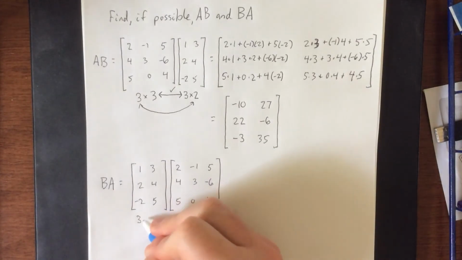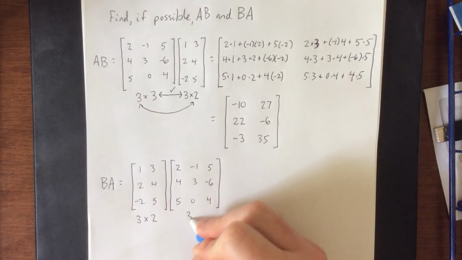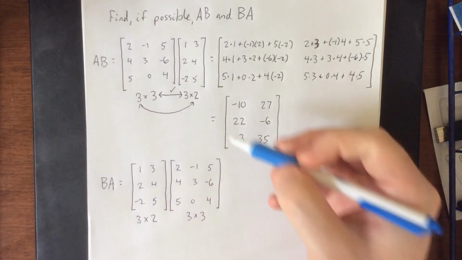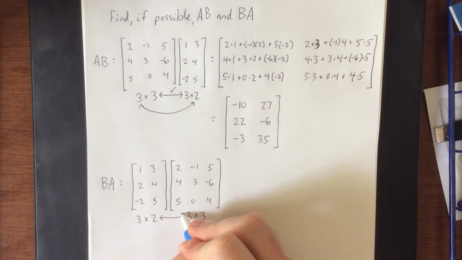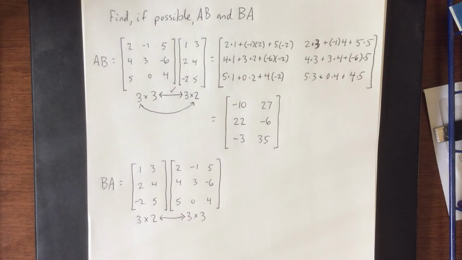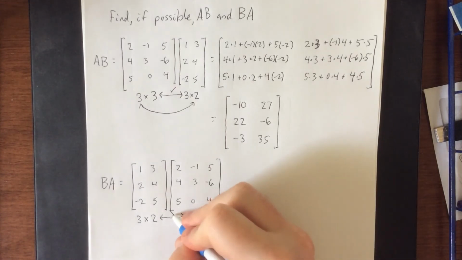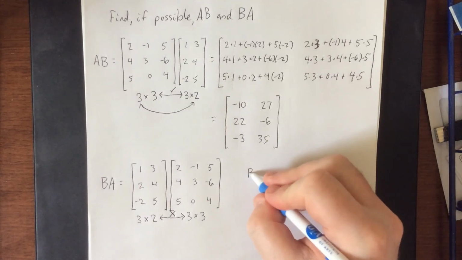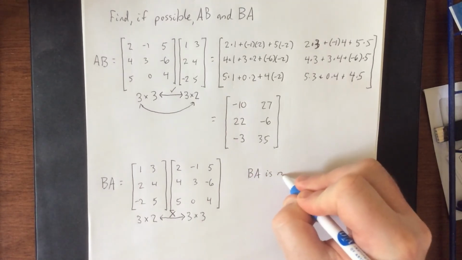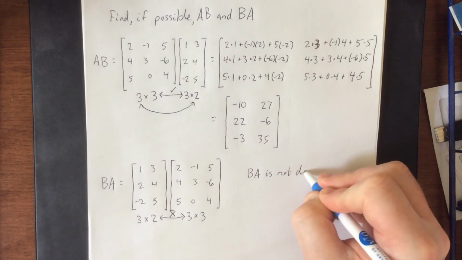B is a 3 by 2 matrix. A is a 3 by 3 matrix. And if we do the same test as what we did for the last one, these two numbers have to be equal to one another in order for the matrix multiplication to be defined. That is not the case. As such, we can say BA is not defined.